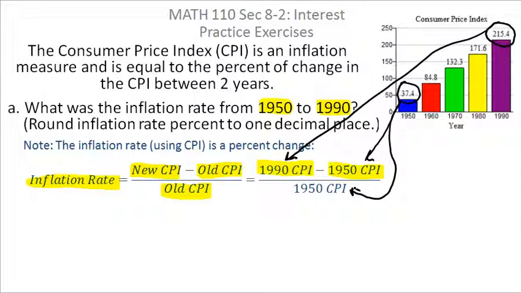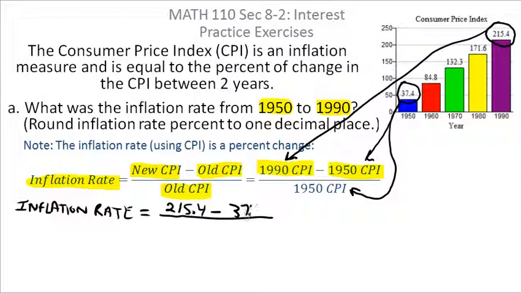So what you find out by doing this calculation is that the inflation rate is the 1990 CPI, which is 215.4, minus the 1950 CPI, which is 37.4, divided by the 1950 CPI, which is 37.4.